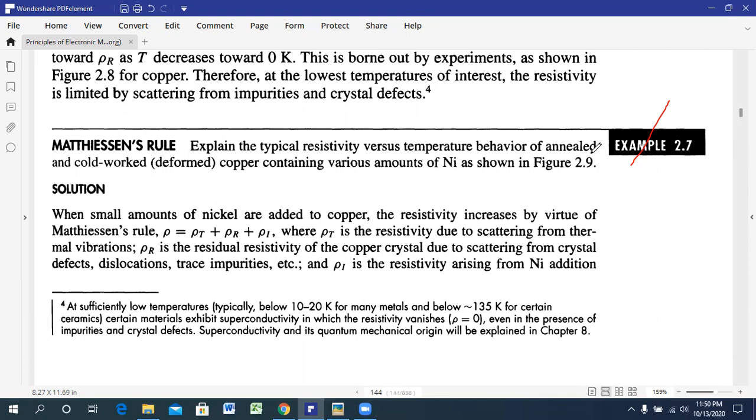That means annealed means the characterization of that material at high temperature, and cold worked means characterization of that material at very low temperature. And they ask for the various amounts of nickel here.